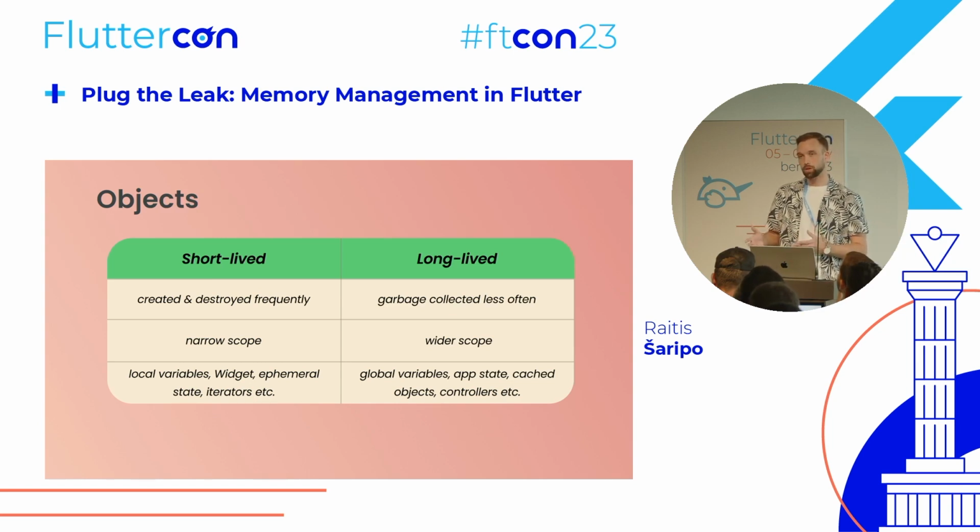Also, they can be widgets and so on. Long-lived objects, on the other hand, are much less often garbage collected, if at all, during the execution of the app. And most of the time they are global variables, controllers, even cached objects, and so on.